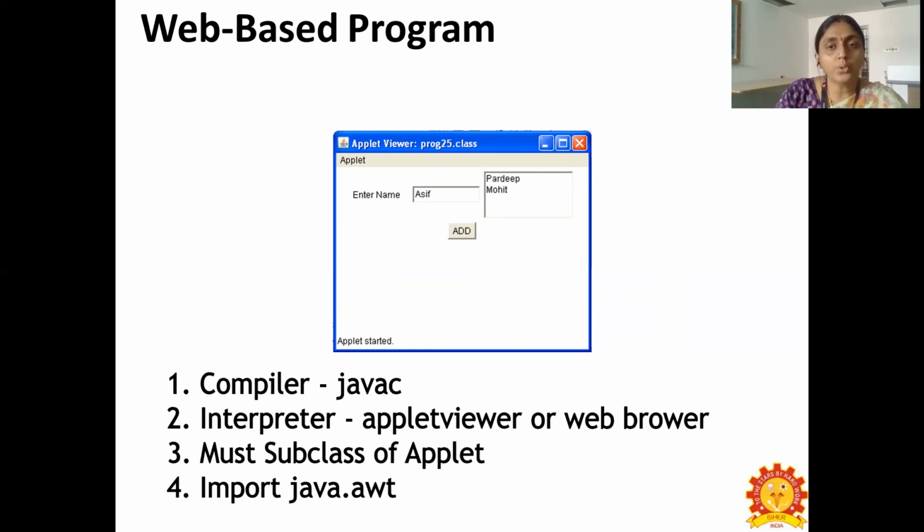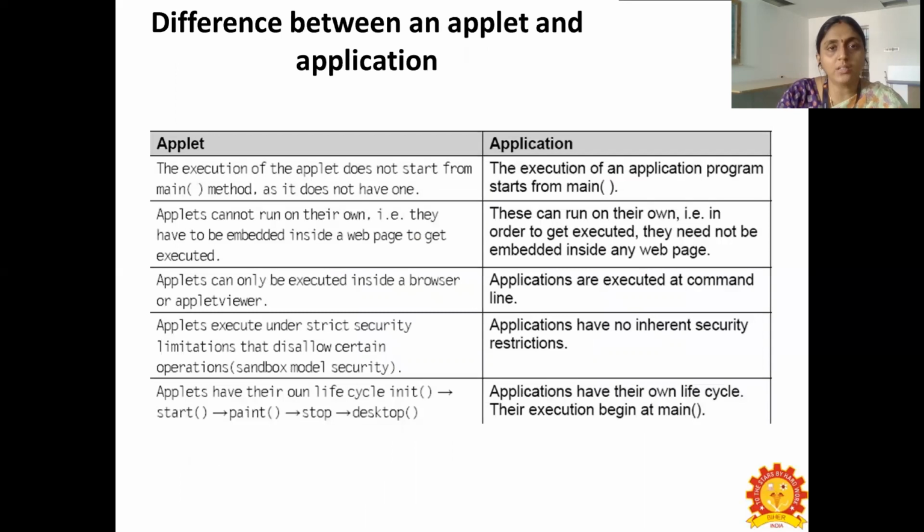To execute this applet program, we need to import the Java predefined library package java.awt. This package is required to develop web-based programs. Now we will see the difference between applet and application before going into applet programming.